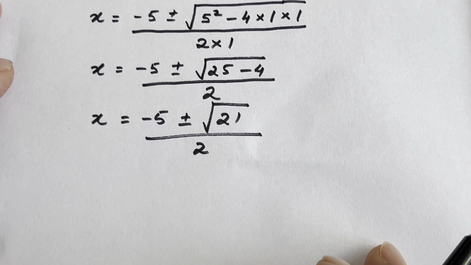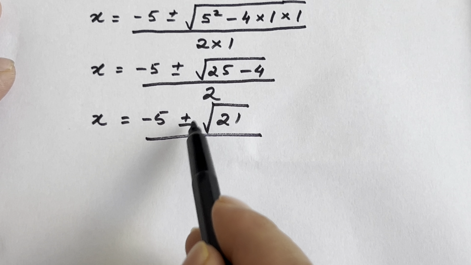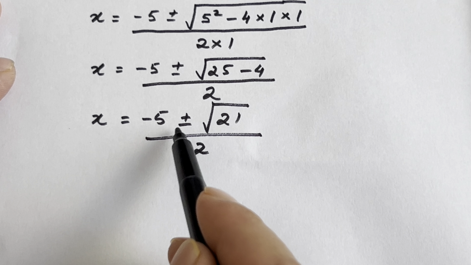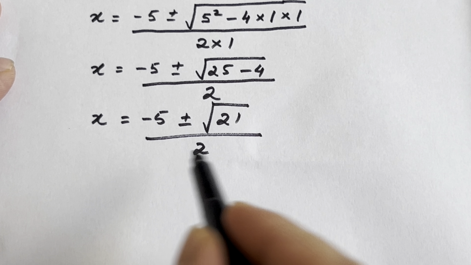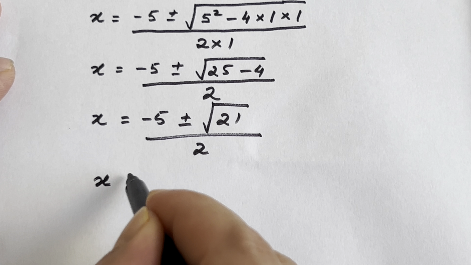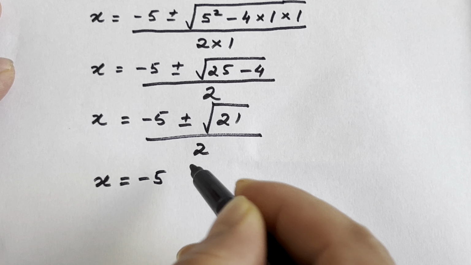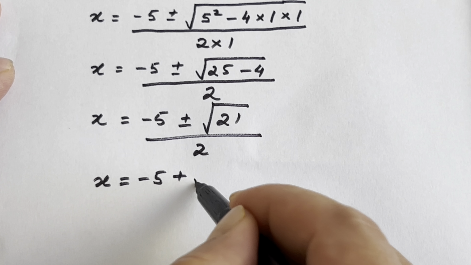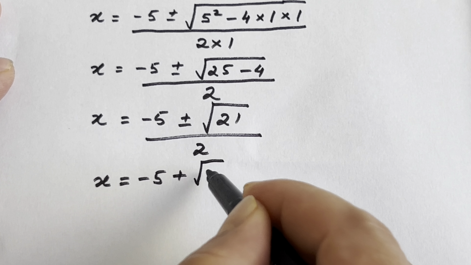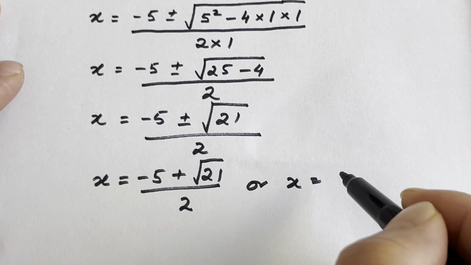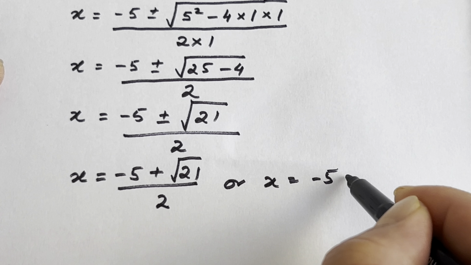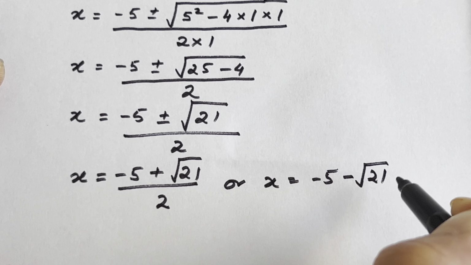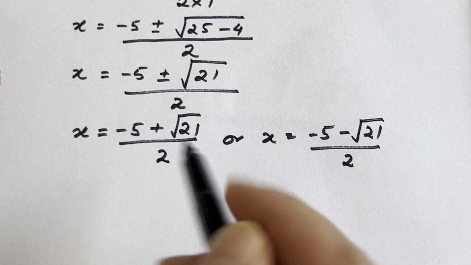Now, since this is plus or minus, we need to separate this expression into two parts. So either x is equal to minus 5 positive root of 21 over 2, or x is equal to minus 5 negative root of 21 over 2, and get the answer.